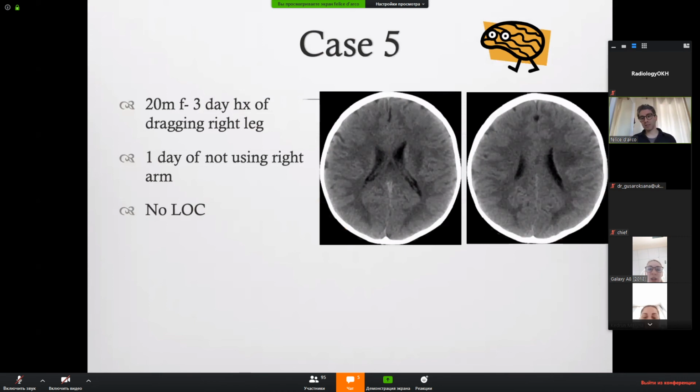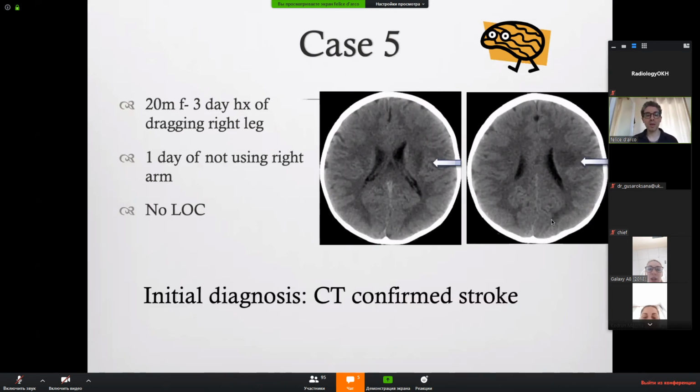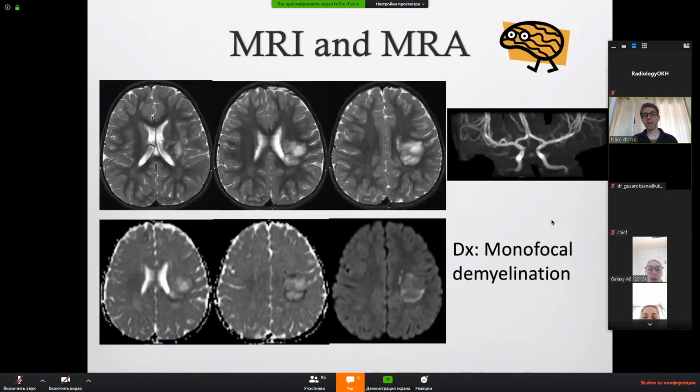Finally, there is this entity that is very easy. No encephalopathy. A 20 month old female, 3-day history of dragging the right leg, and 1 day of not using the right arm. So focal neurology, area of hypodensity, we call it ischemia, stroke, but actually this was not a stroke.